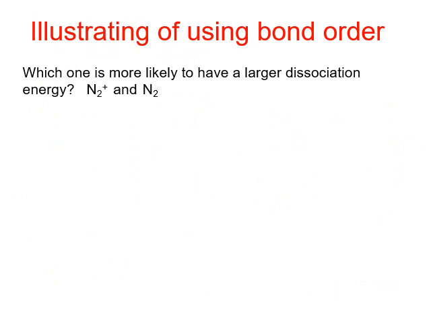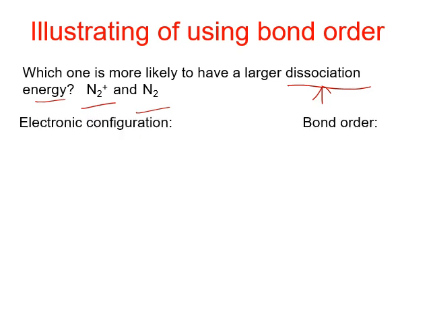Here is an example to compare the dissociation energy of the nitrogen molecule and the nitrogen ion. Now, dissociation energy is the energy to break the bonds, so it's a measure of the bond strength. In the last slide, we already showed the electronic configuration for the nitrogen molecule. 2 electrons in the sigma g, 2 electrons in sigma u.